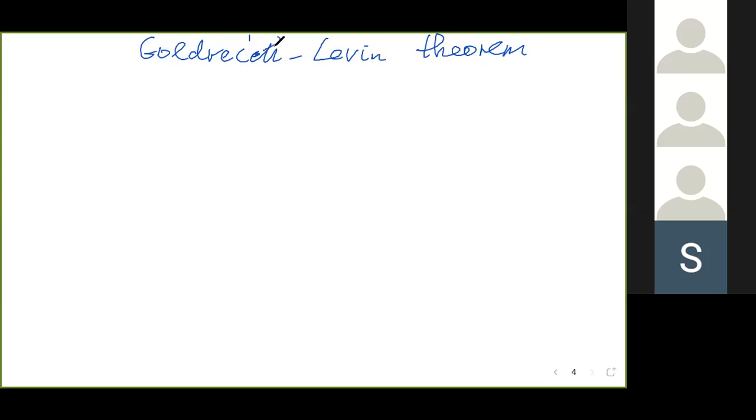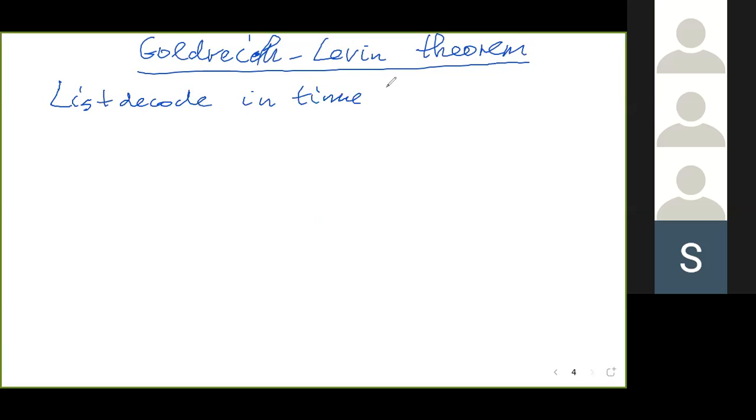In the Goldreich-Levin theorem, we assume that m is large, and n is very large, so we can't afford brute force search, but still we want to list decode the Hadamard code in time which is polynomial not in n, but in m.